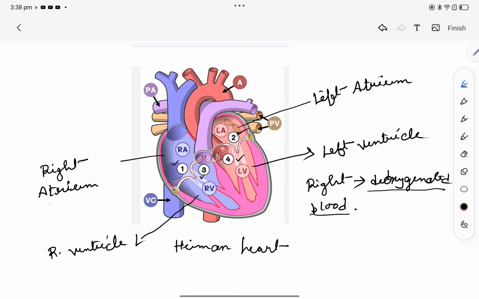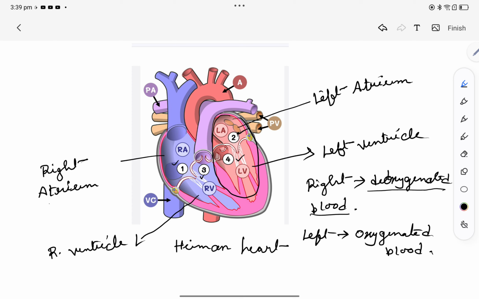It means this blood doesn't have much oxygen. And the left part, that is this portion, deals with oxygenated blood.